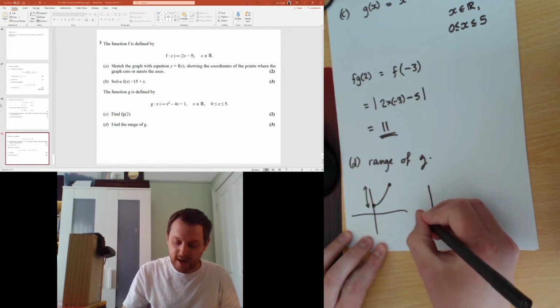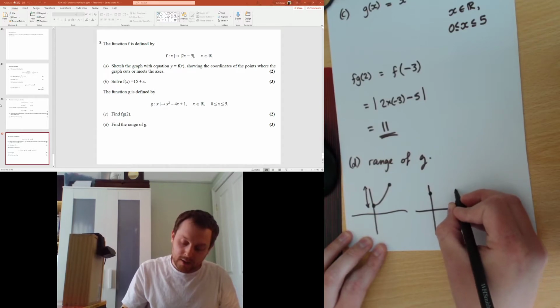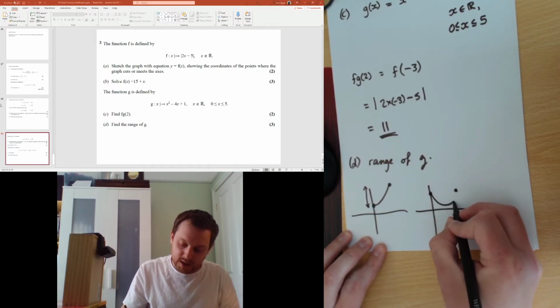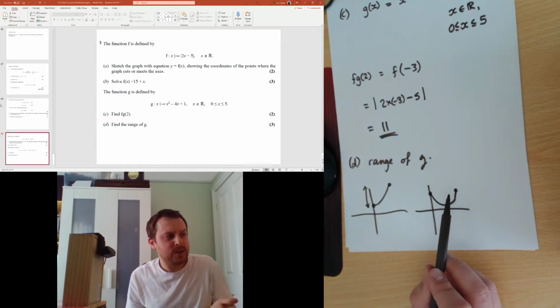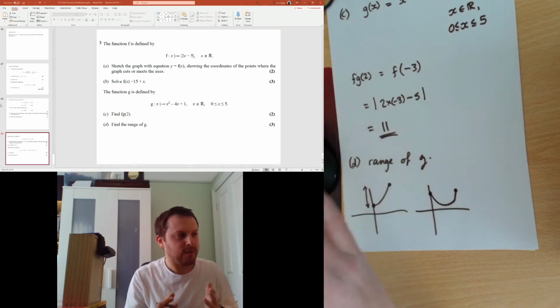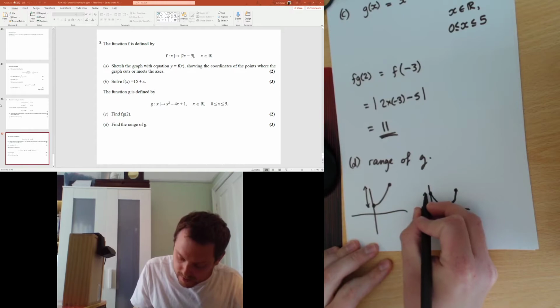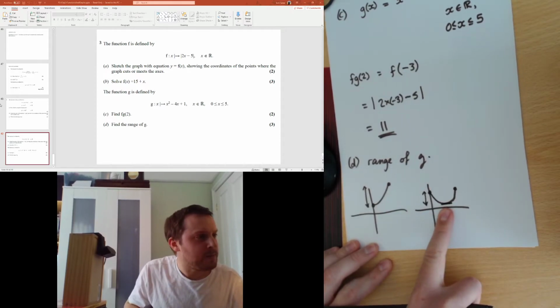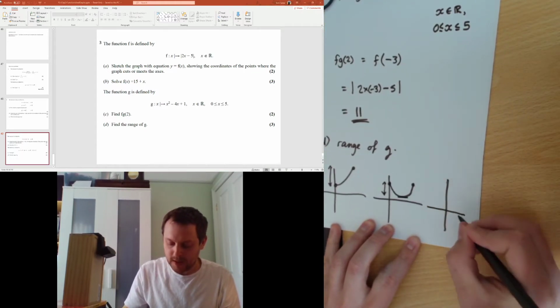Between 0 and 5, there's another possibility, right? It could literally, between 0 and 5, do this. Now, if you only checked 0 and 5, you would see that they gave the same answer, and you'd be wrong if you claimed that was your answer, because you actually need to know about this minimum here. And you could have something more complicated.